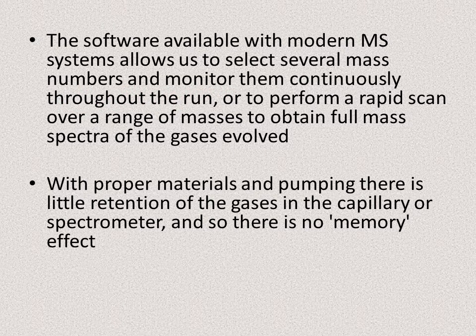So we may select a range of masses, up to what mass and in what range we are interested to observe the different fragment ions, or to perform a rapid scan over a range of masses to obtain full mass spectra of the gases evolved. In this way we get a complete mass spectrum of the mass range which is supplied by us through the software.